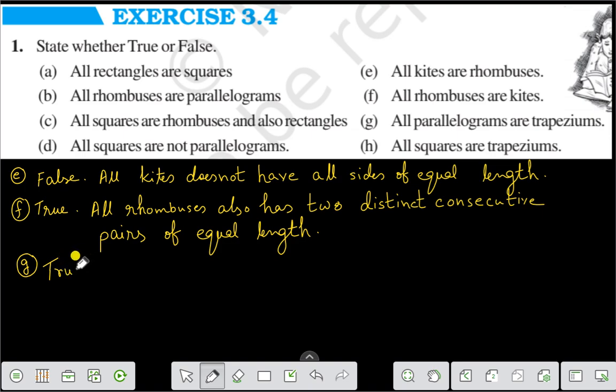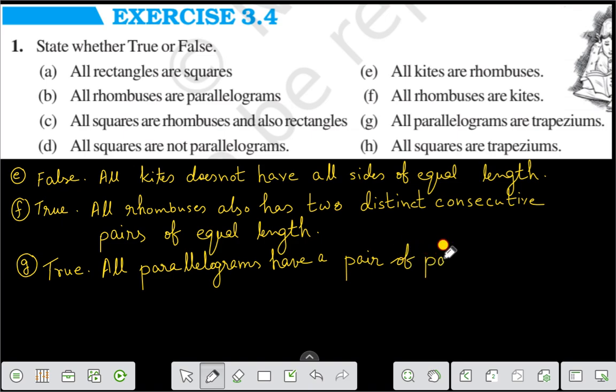All parallelograms have a pair of parallel sides.